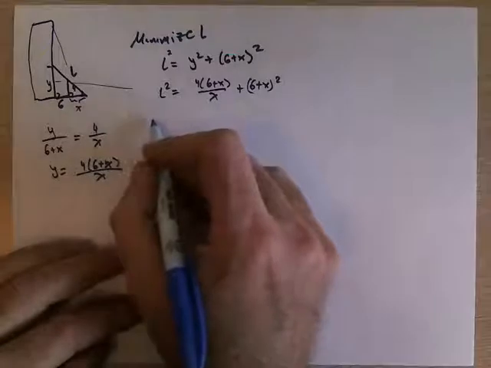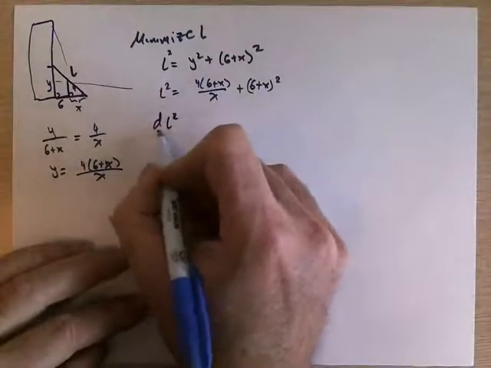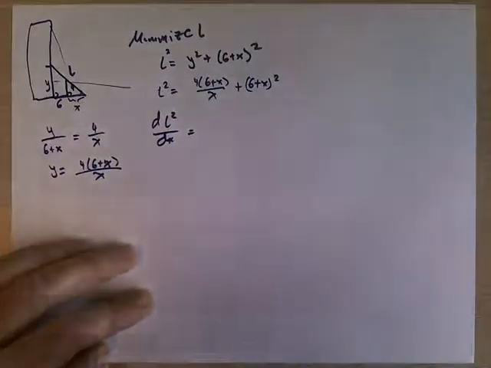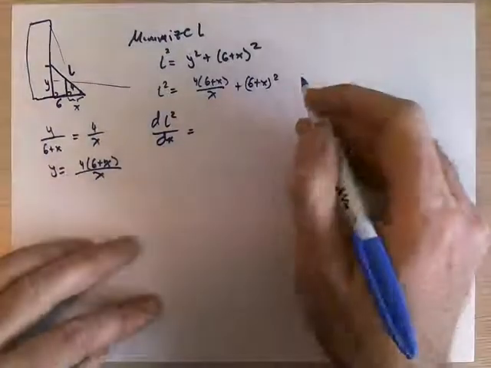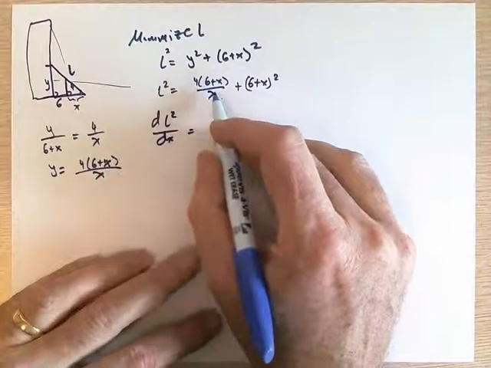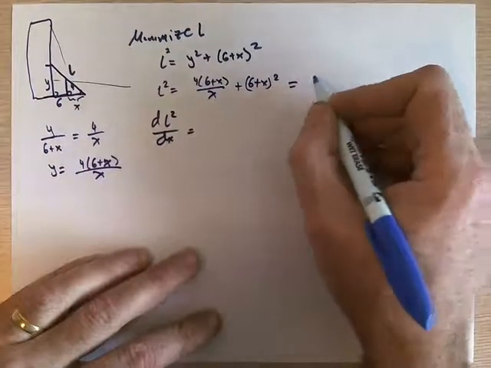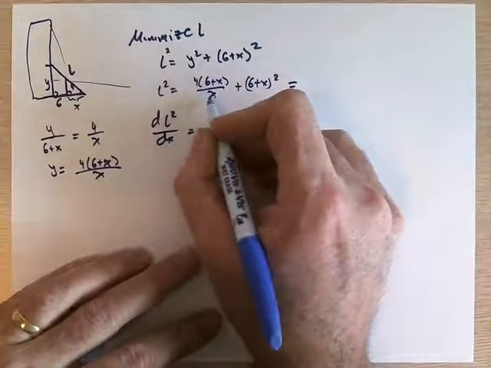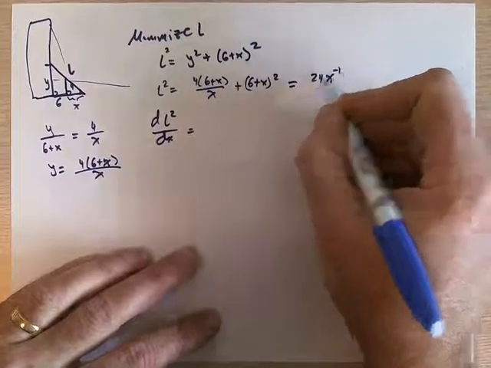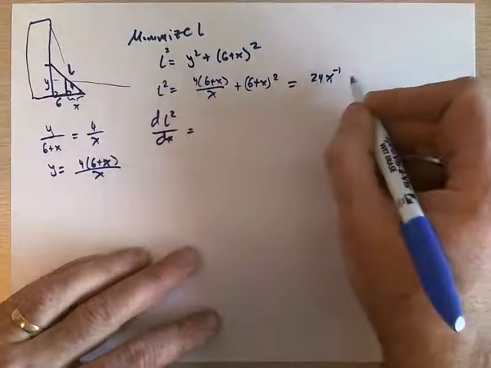So here we go. The derivative of L squared with respect to x, I'm going to do a little bit of work here, because if I distribute the 4 over x into this, I get 24 over x, or 24x to the minus 1, and then 4 times x over x is just 4.